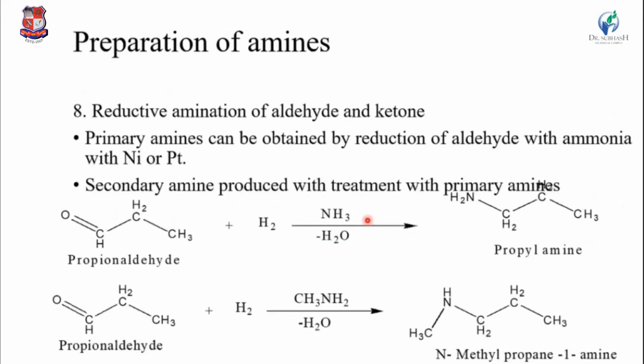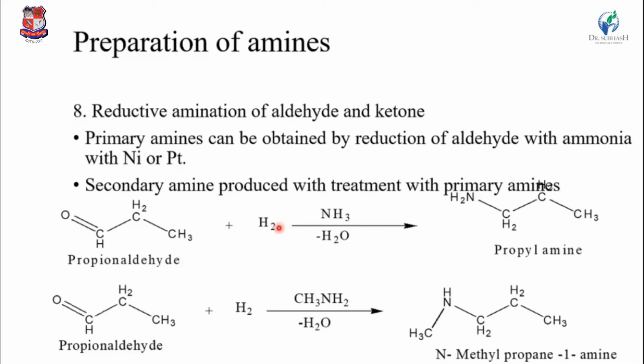Okay. Then the eighth is reductive amination of aldehydes and ketones. Primary amine can be obtained by the reduction of aldehyde with ammonia in the presence of reductive agents, and secondary amine is produced with the treatment of primary amines. So first we make the primary amine.